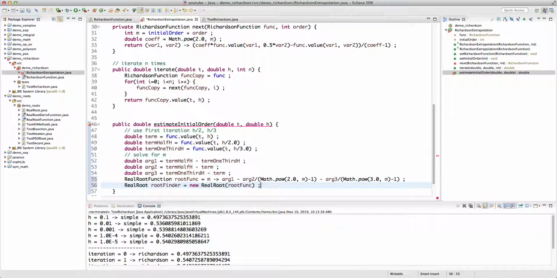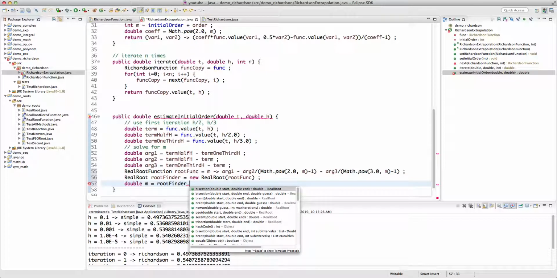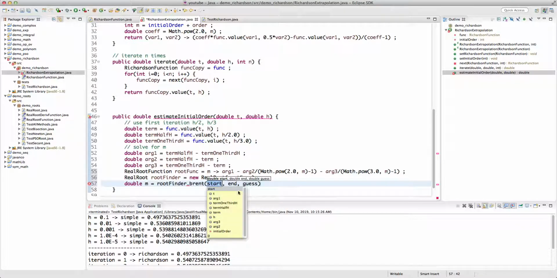Okay, and then we're going to return double m equals root finder dot, we can do any type of method. Let's try Brent, for example, or maybe let's start with the bisection.